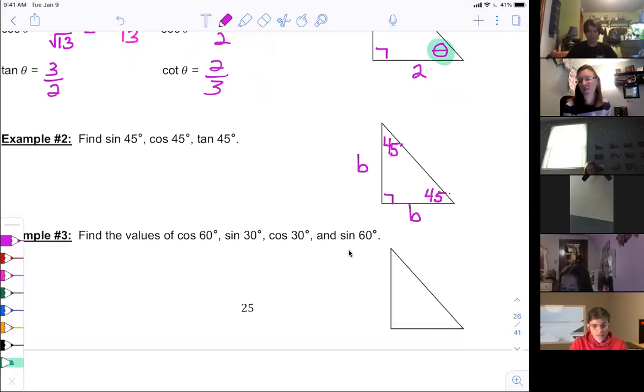They're both the bases or the legs. And we also said the hypotenuse was b times the square root of 2. So this is just the special right triangle for a 45-degree angle. We don't know anything about the length of the sides of the triangle, but it's still asking us to find the sine of 45 degrees.